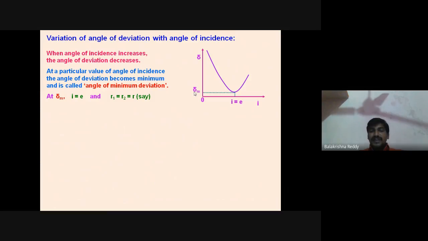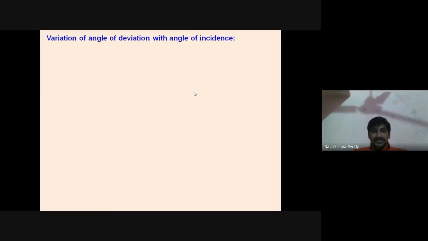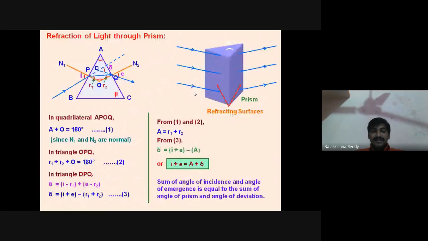On this condition, consider the previous equation. What is the previous equation, sir? It is I plus E equal to A plus delta. I plus E means incident angle plus emergent angle is equal to angle of prism plus angle of deviation.